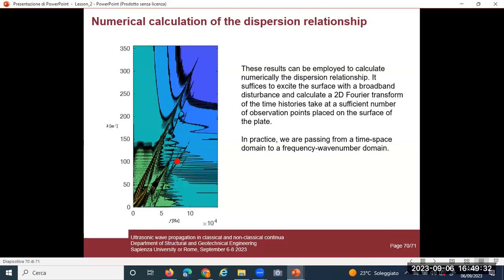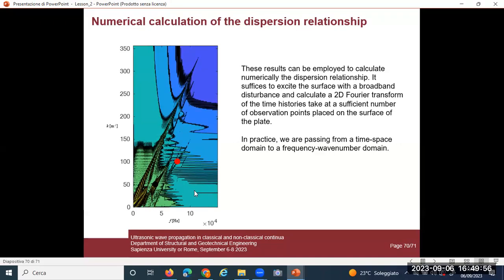And this is related to the excitation of a plate. This is the result, which in practice is these lines, sorry, these lines are the dispersion relationship of a plate.